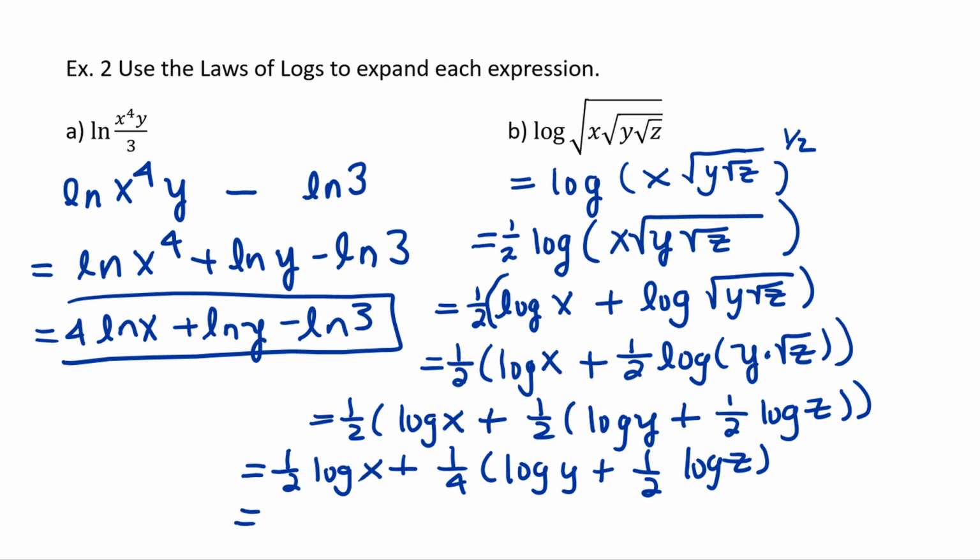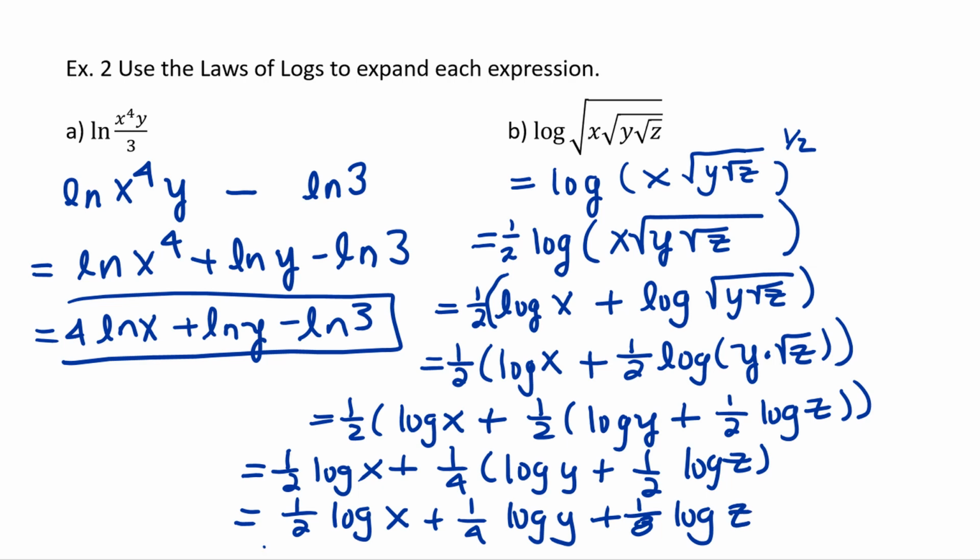So we would get 1/2 log x plus 1/4 log y, 1/4 times 1/2 would be 1/8 log z.